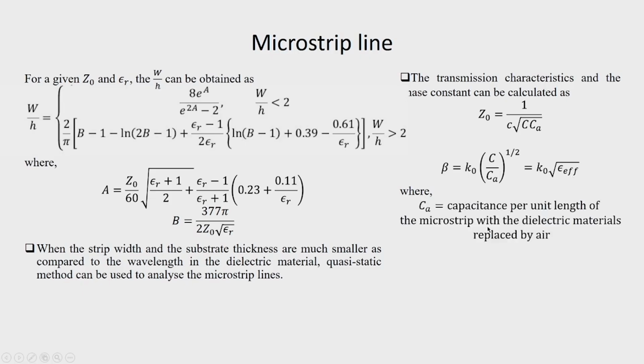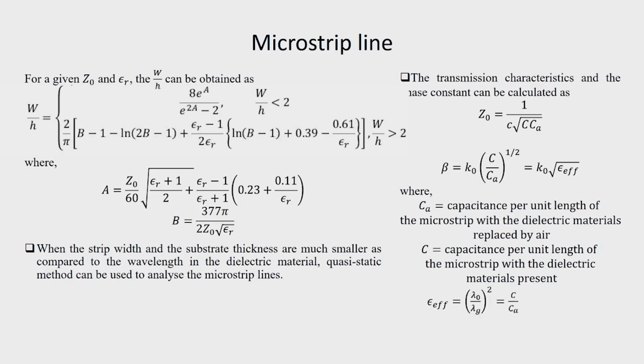Ca is the capacitance per unit length of the microstrip with the dielectric material replaced by air, and C is the capacitance per unit length of the microstrip with the dielectric material present, and epsilon effective is given by lambda by lambda g whole square, which is equal to C by Ca.